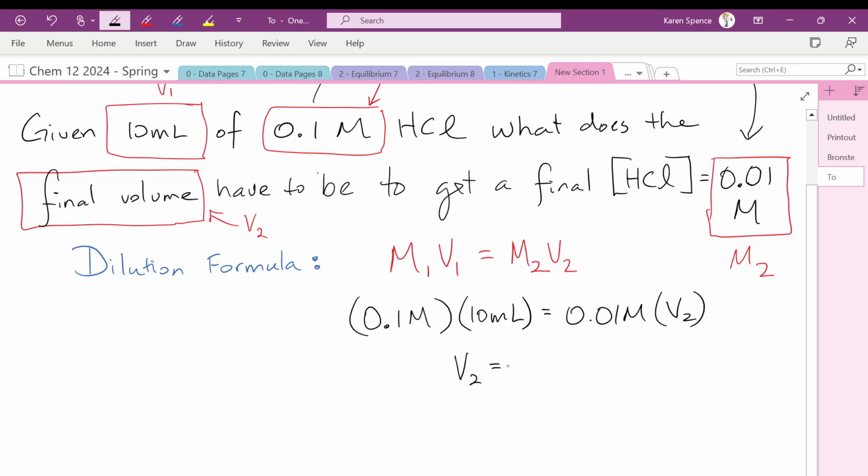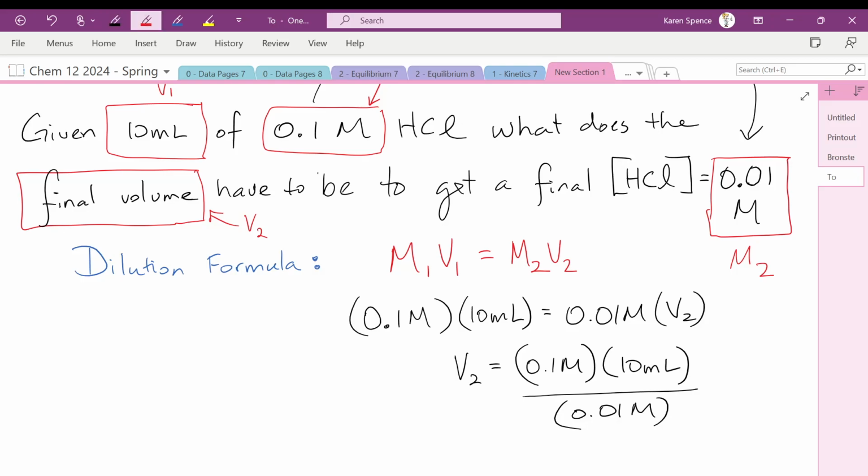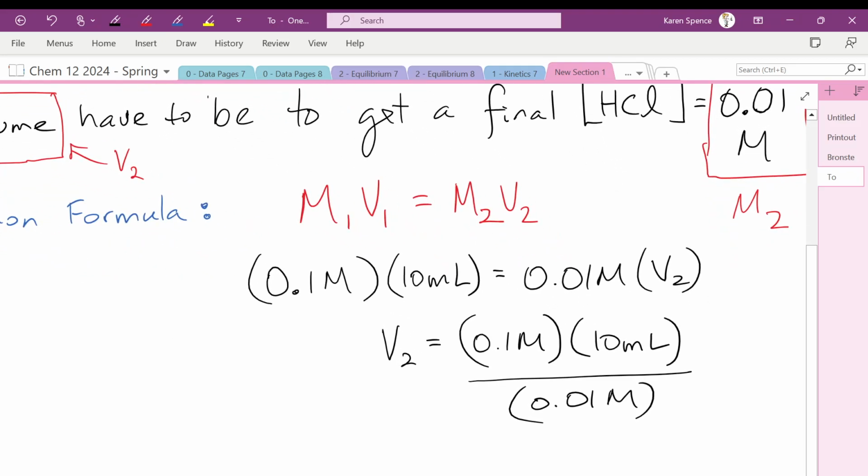So V2 is equal to 0.1 molar times 10 milliliters divided by 0.01 molar. What happens with our units in this calculation? Molarity cancels and we are left with milliliters. And when we plug all those numbers in, we get 100 milliliters.